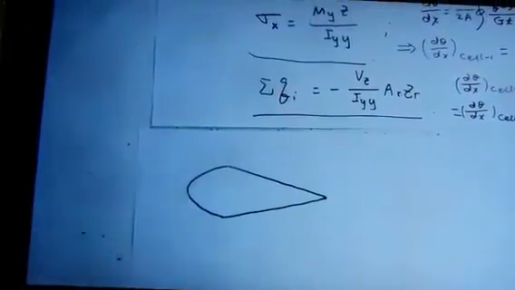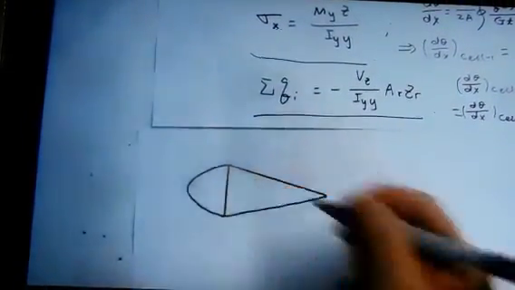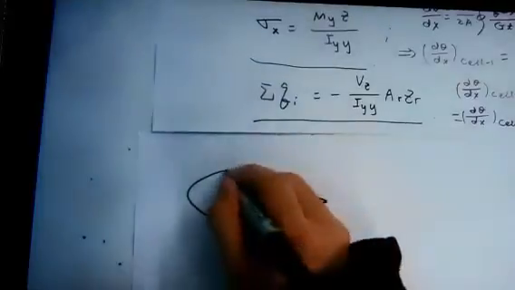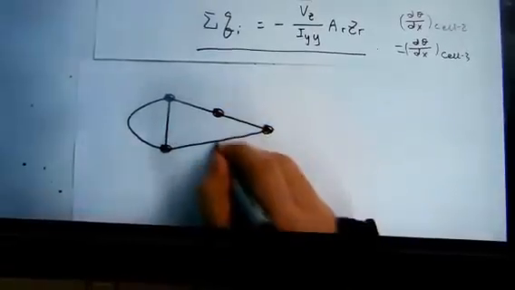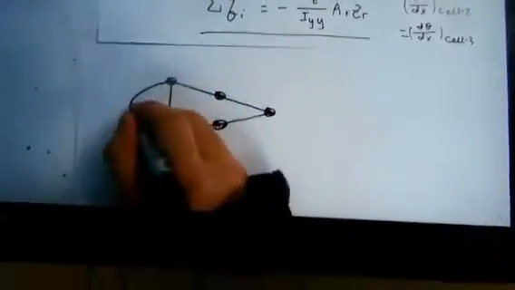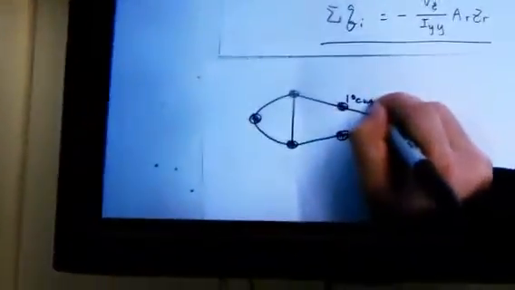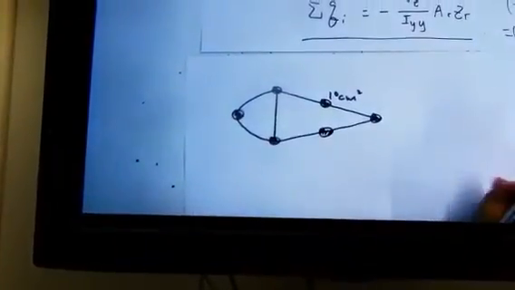This is a wing structure we did before. Now I'm going to put a spar here to make it stiffer. So this is a wing structure, and we have some boom areas. Each boom area has the same value, 10 centimeters squared.